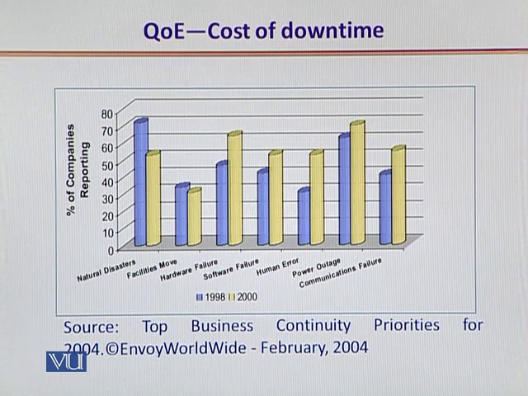This chart shows that depending upon the kind of devastation, each organization reports the failures or the downtimes it has come across. On the x-axis, we see that from natural disasters to man-made errors to the communication failures, the percentage of companies reporting this vary.